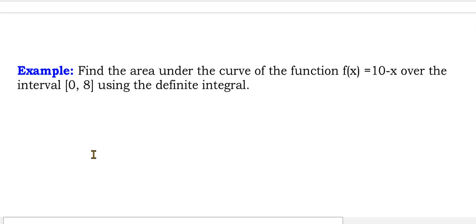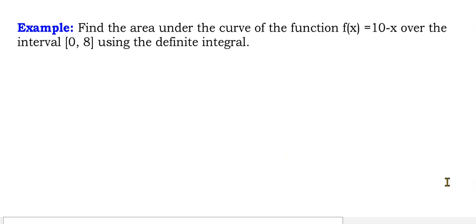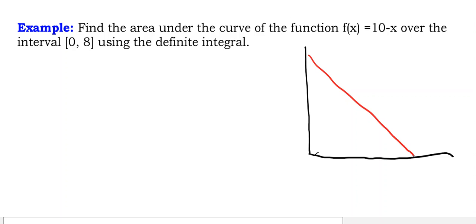All right, in the next example, let's find the area of 10 minus x, over the interval from 0 to 8. So once again, go into Desmos and see what the curve looks like. And then on your paper, just draw a little line. So it's going to look something like this.